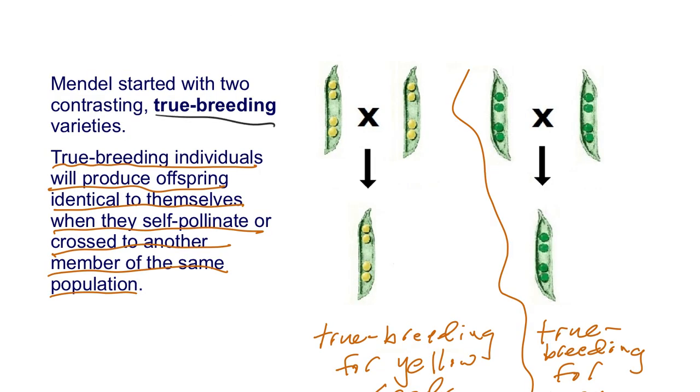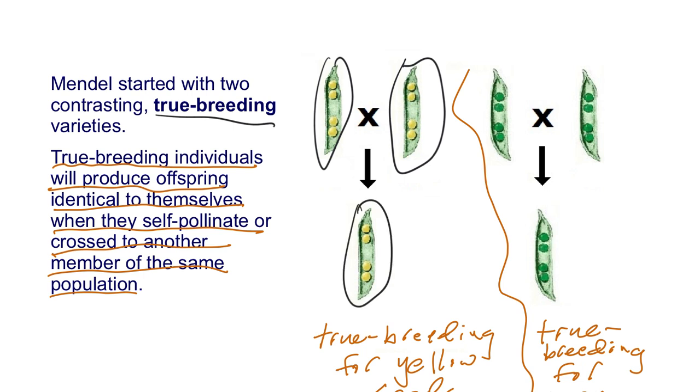True breeding. Let's get used to some of the terms we use today. True breeding means whenever you have an individual with certain traits and you cross it with another individual with the same kind of traits, you'll always get children, offspring, that have the same traits.